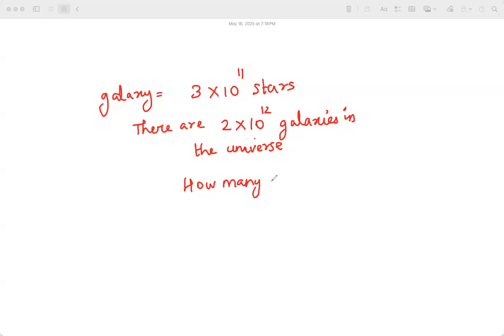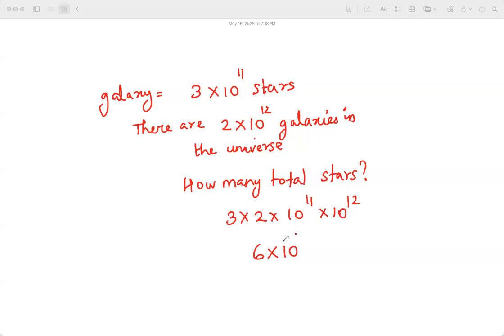What operation should you perform? Multiplication. Good. Let's multiply: 3 times 2 times 10 power of 11 times 10 power of 12. How will you multiply this? Six times 10 to the power of 23. Good. Is it in scientific notation? Yes. Our answer is right.